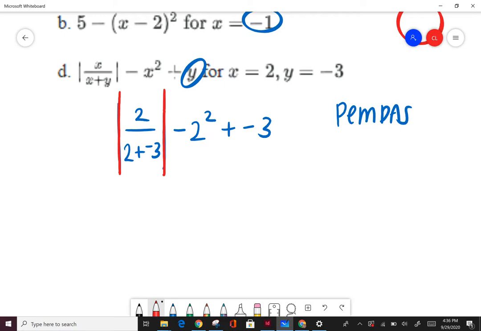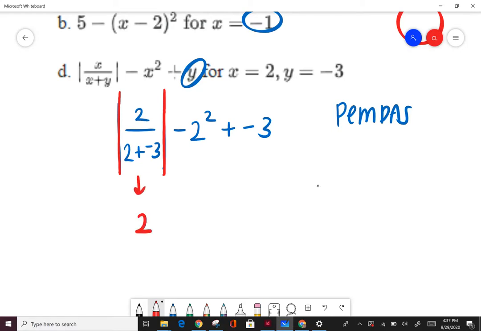Things that are grouped together, just like those inside parentheses, we're going to do first. So we have 2 over -1, and 2 divided by -1 is -2. Remember, we have to take the absolute value of that, so that's +2. So this right here becomes a +2.